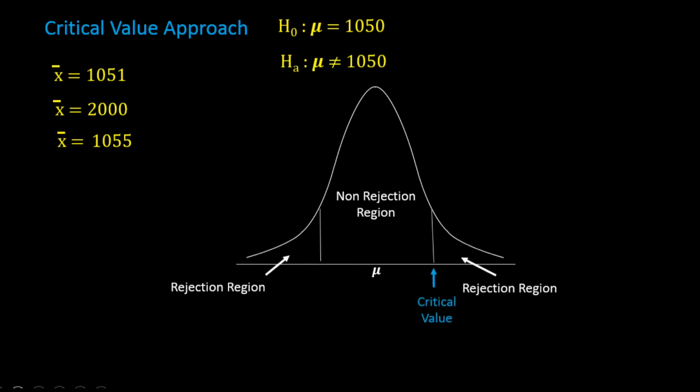We will mark it here and here. So now we have named the boundaries where the sample means are too far away from the hypothesized mean that we will no longer believe the true mean is 1050 hours. Those boundaries are marked by what is called a critical value.